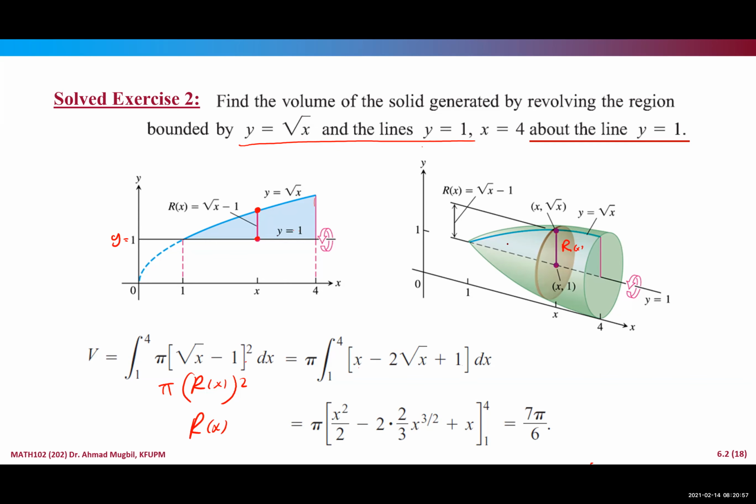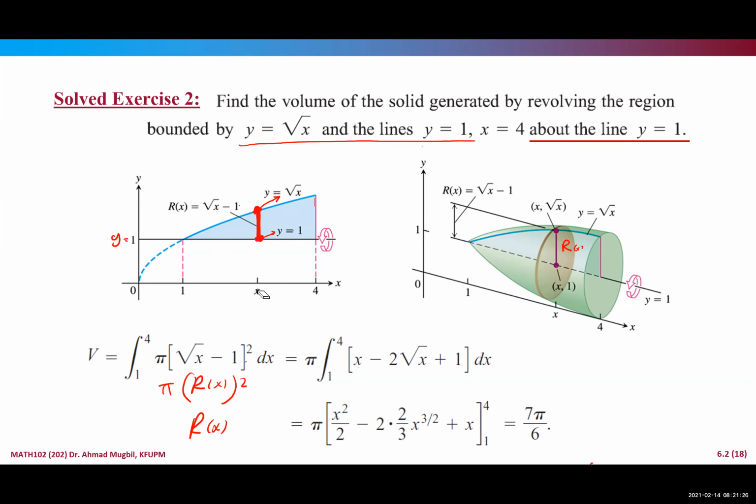The radius of the disk will be the distance from the upper point here up to the axis of rotation. So now this is a vertical line. In the vertical line, x is the same. But the vertical distance will be the distance from this point here. What is the y coordinate here? The y coordinate here is square root of x. What is the y coordinate here? It is 1. So it is just the square root of x minus 1. So it is not about shifting.